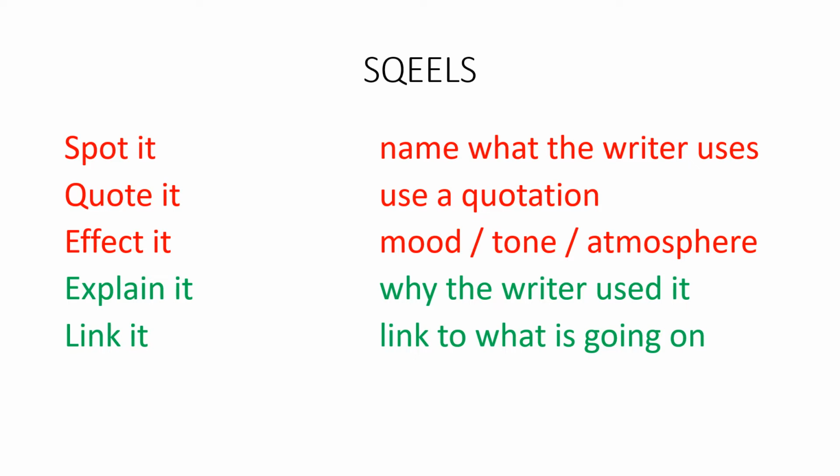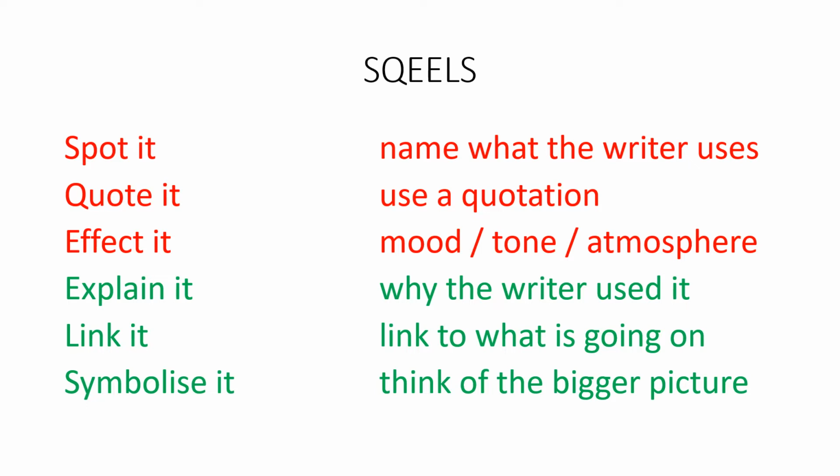You could also link it to somewhere else in the text, so you can make a connection to that. That linking is a really, really important skill because that's what good readers do. They make connections. They go, oh, this is a Victorian text, and I know about the Victorians because I know about the Industrial Revolution. That's what good readers do. They explain in detail and they link.